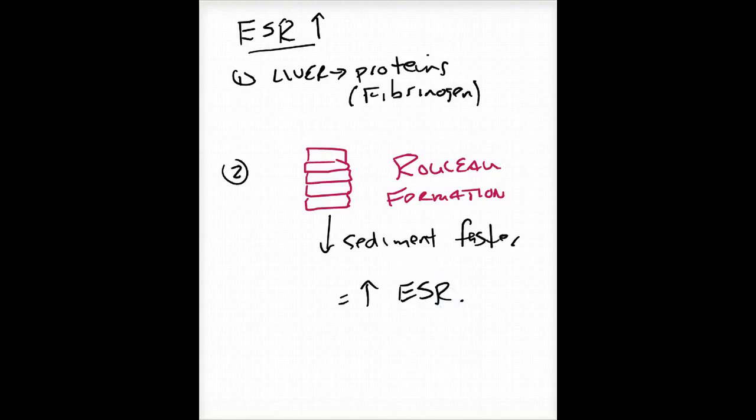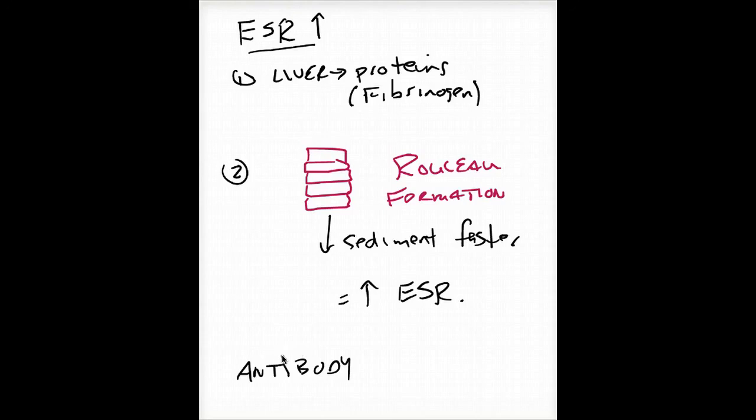Now, we mentioned how proteins such as fibrinogen will neutralize these red blood cells which have negative charges. Something else that has lots of positive charges that can neutralize the red blood cell is an antibody. An antibody contains positive charges, and this will act to neutralize those red blood cells in the exact same fashion.